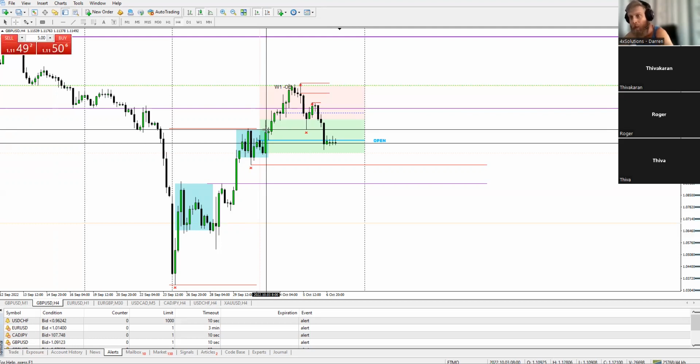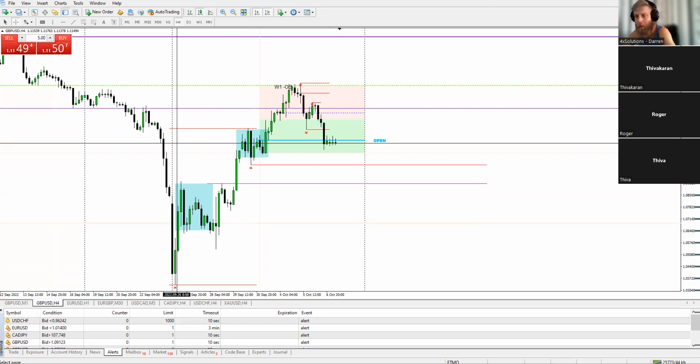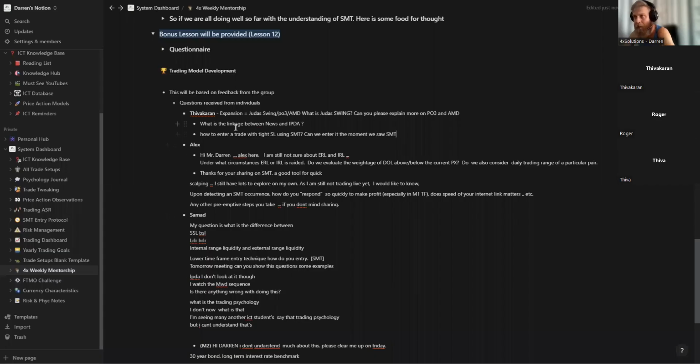And that model applies to AMD, power of 3, Judas swing. So that is what the Judas swing is, Tivakaran. Hopefully that answered your question. So basically you asked me, what is Judas swing? Judas swing is power of 3 AMD, and hopefully I explained quite a bit there about what power of 3 is.